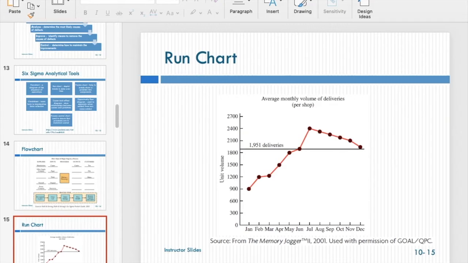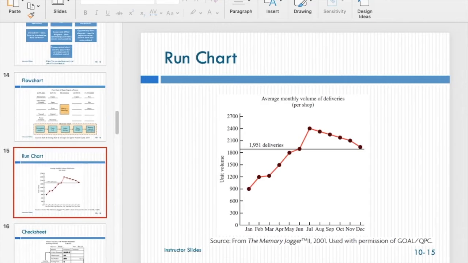Is it because of some implementation that you set for the firm in the second half of the year, such that the defective products start to decrease, or is it because of some outside reasons? So at least a run chart will help you figure out how the defective product count is changing across the seasons, or along the time horizon.